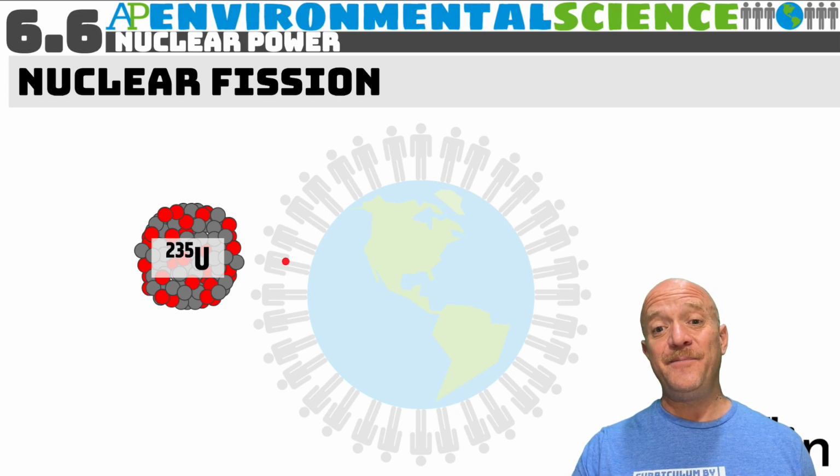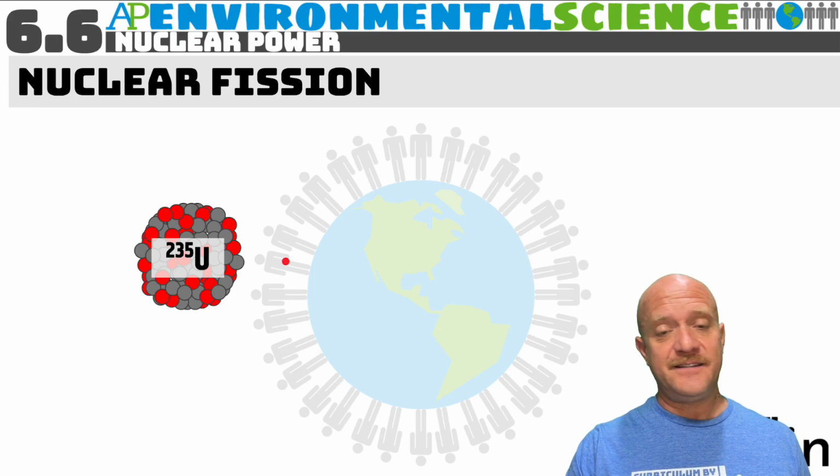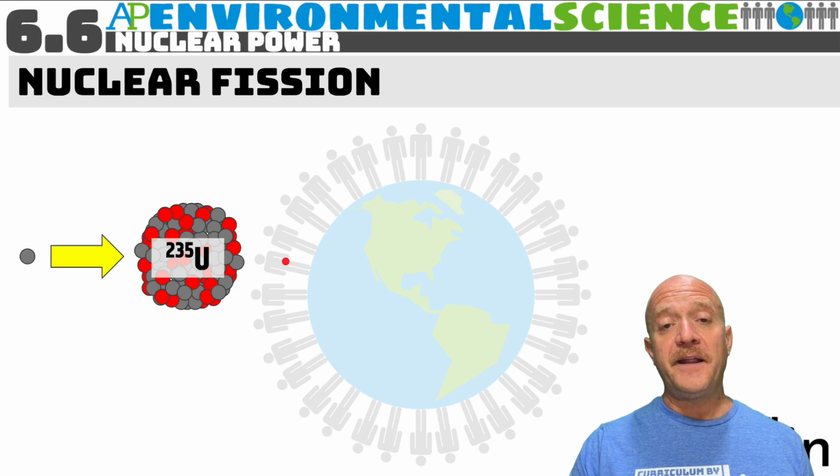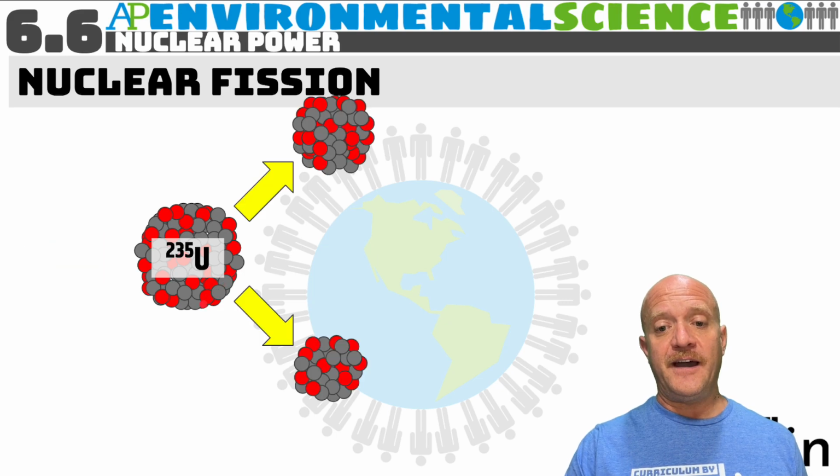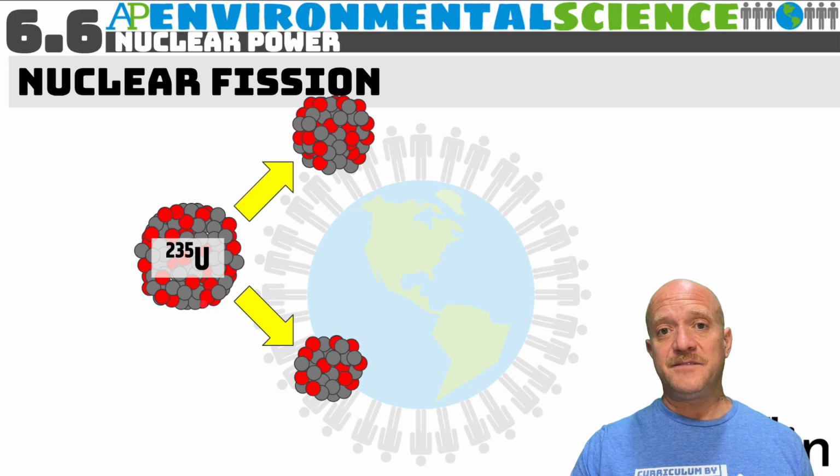But when this is done, this is under controlled settings, you would bombard it with a neutron, and this causes a chain reaction. So when a neutron hits the uranium-235, it breaks into two smaller atoms, and you don't have to know what they are. In fact, I think one's krypton, one's barium.